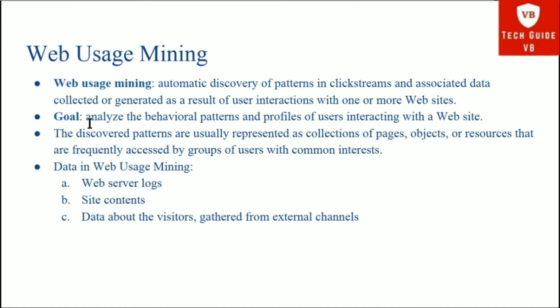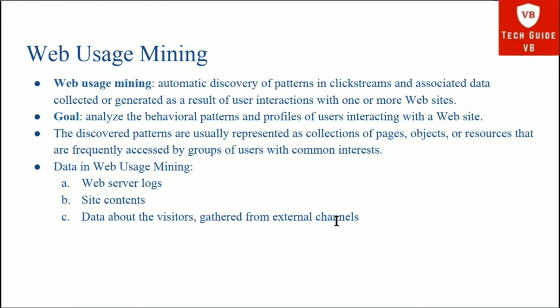The goal of web usage mining is to analyze the behavioral patterns and profiles of users interacting with a website. The discovered patterns are usually represented as a collection of pages, objects, or resources that are frequently accessed by groups of users with common interests.